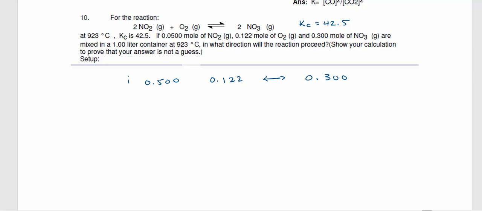In what direction will the reaction proceed? Well, we need to calculate our Q value, so that's going to be NO3 squared over the product of NO2 squared and O2. So we fill in the values that we know.